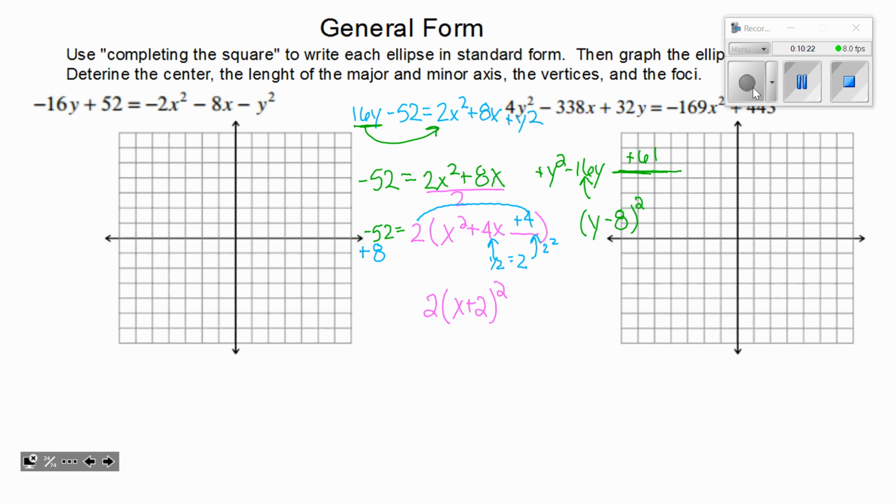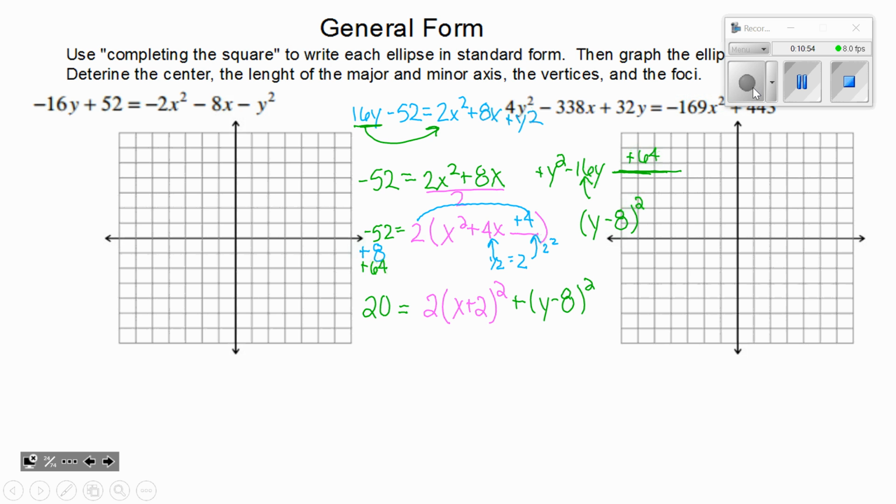I just added a 64 on the right-hand side of the equation, so it means I also have to add a 64 to the left-hand side. So I have 2 parentheses x plus 2 quantity squared plus y minus 8 quantity squared, and it equals, I'm going to add those things, 20. Looks like it's 20. Okay, so we're almost done.